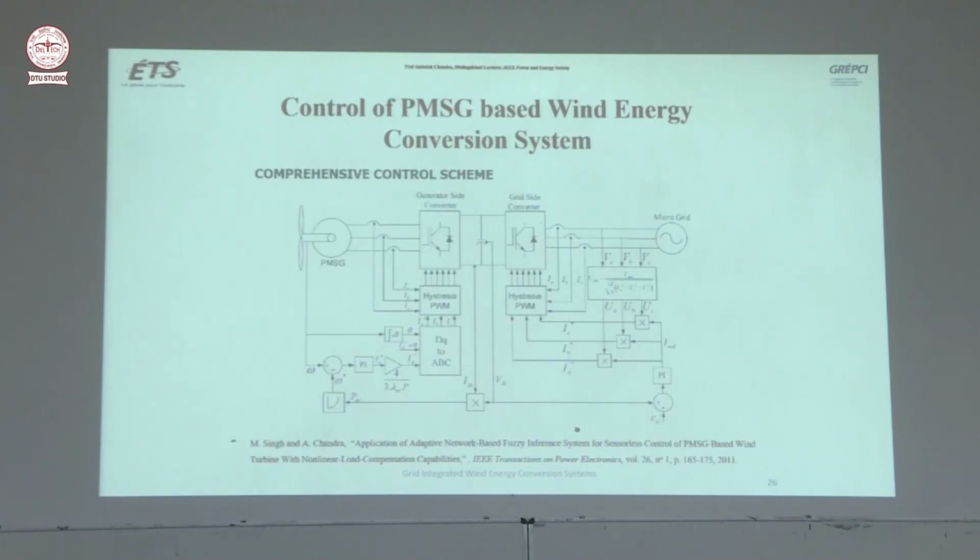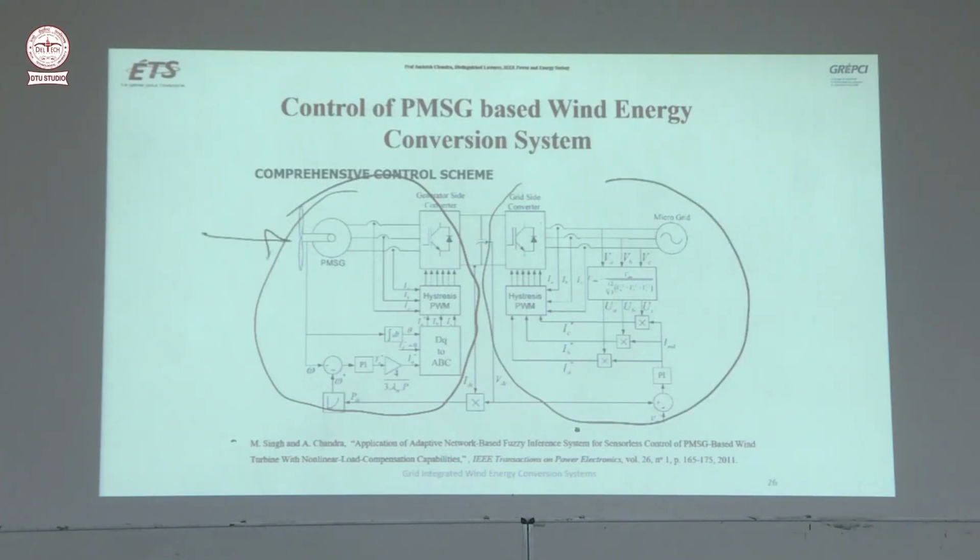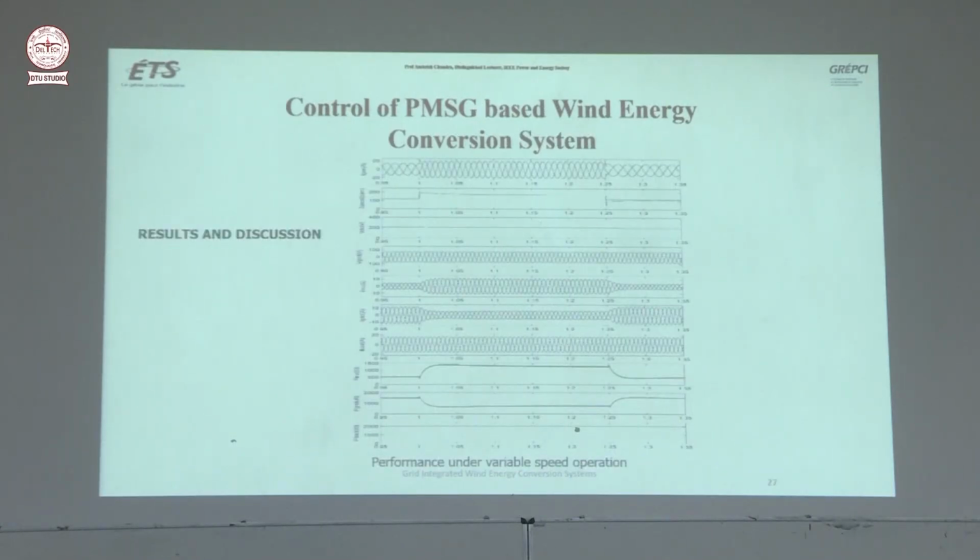So if you see the total thing together, this is for the generator side. Generator is here, here it is grid, this is the grid side converter, and we have just put it together. Now there are a lot of results, just to show that this is the speed in RPM of the generator at that time.